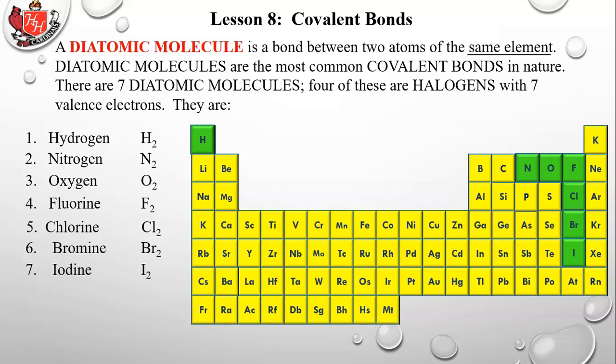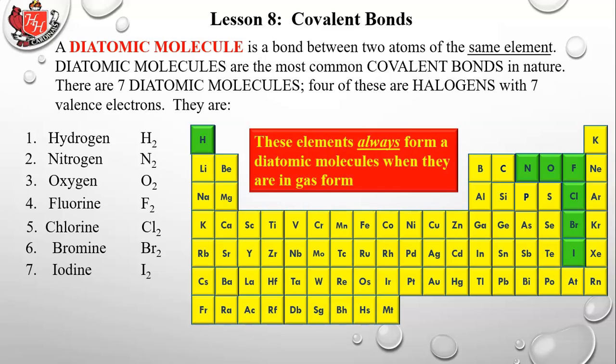It's 2 oxygen atoms stuck together. Anytime you have hydrogen as a gas, it's not going to float around as hydrogen atoms. 2 of them are going to pair up, they're going to stick together, and you're going to have H2 molecules. And the same for all the others there that you see. So these elements always form a diatomic molecule when they are in gas form.